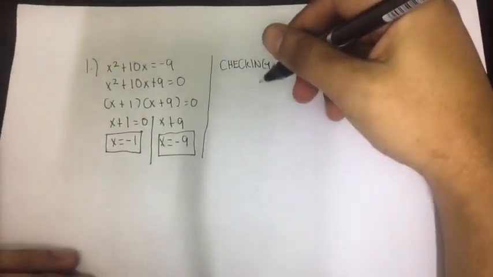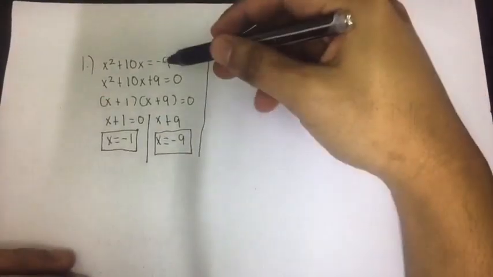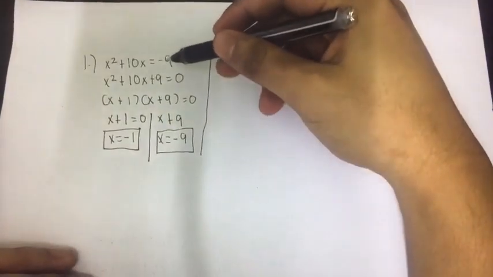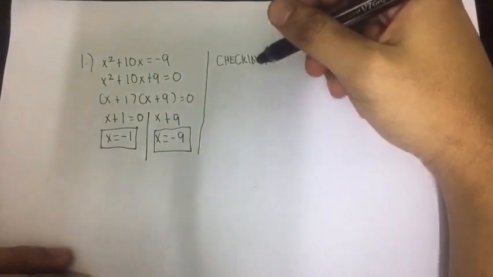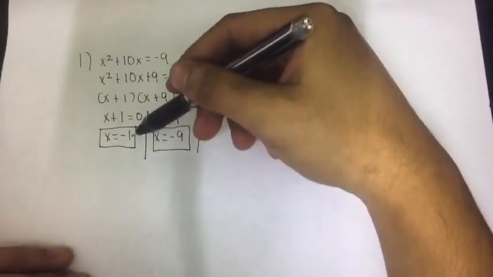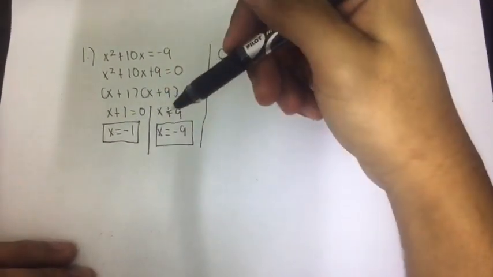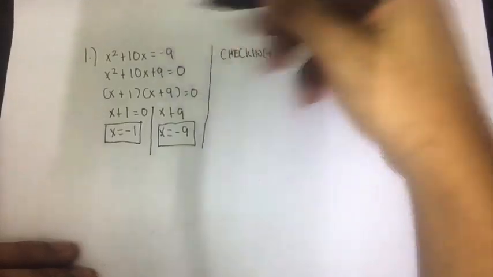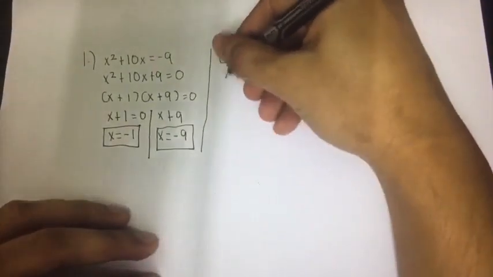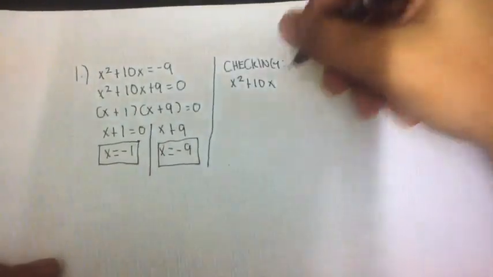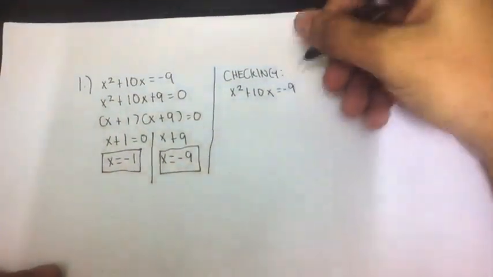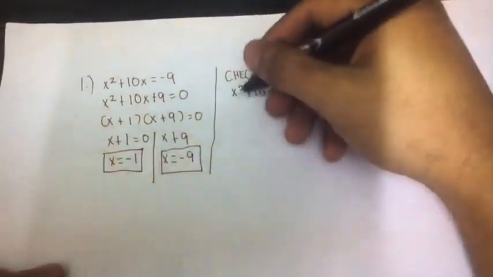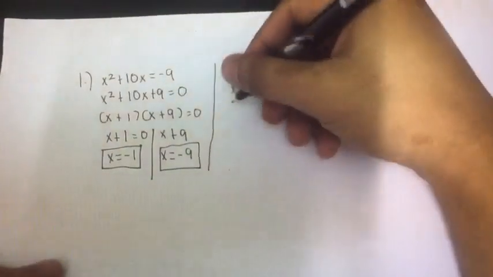To be able to check, we return to the original equation. We substitute negative 1 for all x, equals negative 9. Substitute the negative 1 for all x.